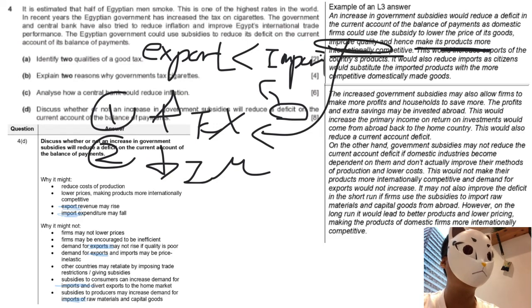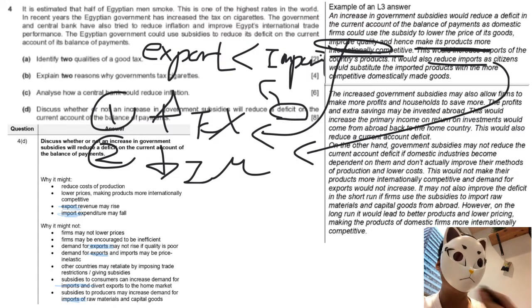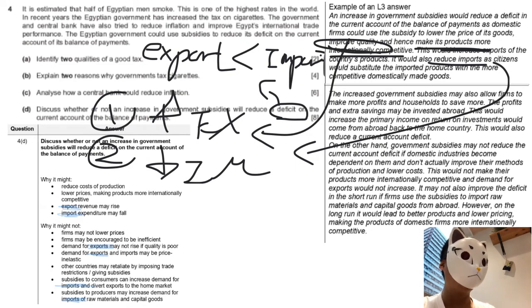It's about the price, about the quality. Number two, it might also make the local citizens rely on imports to a smaller extent. So this also makes a drop in import, and this helps to reduce the current account deficit.